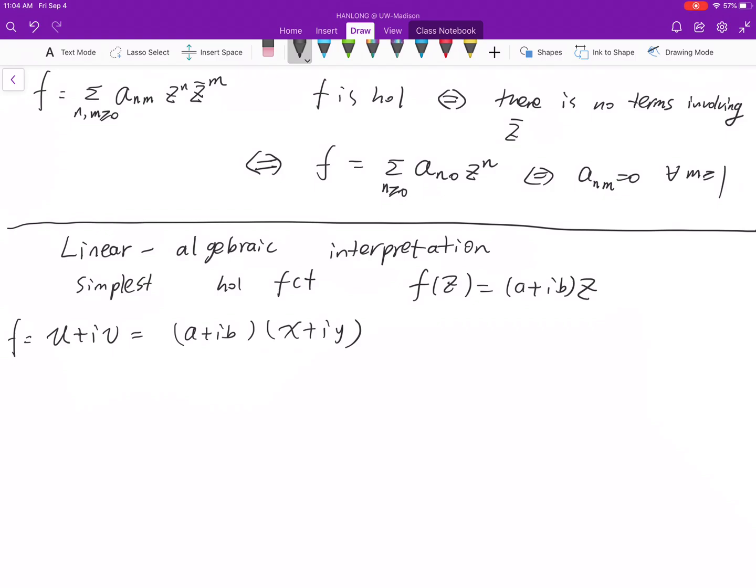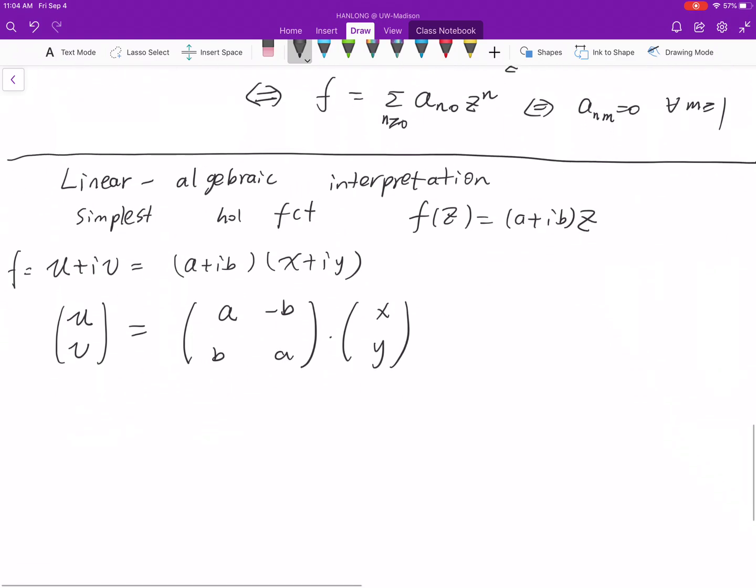Therefore if you write it in matrix form, then (u, v) is the matrix (a, minus b; b, a) times (x, y).